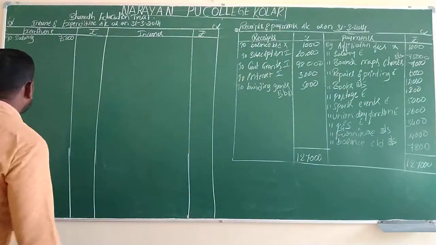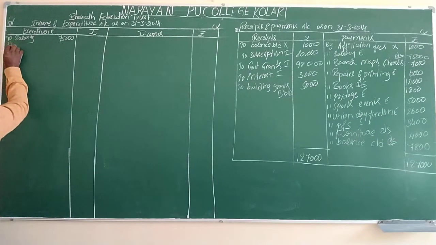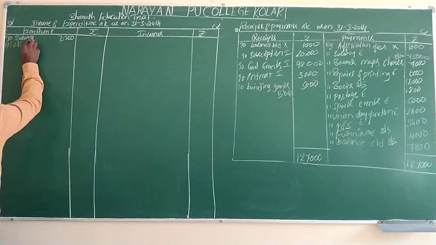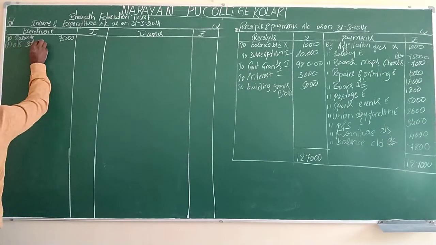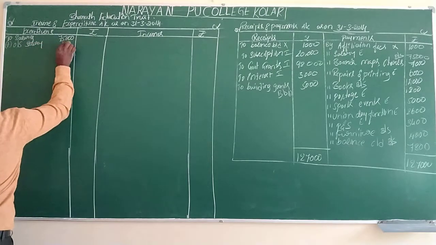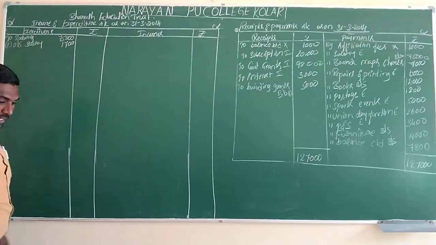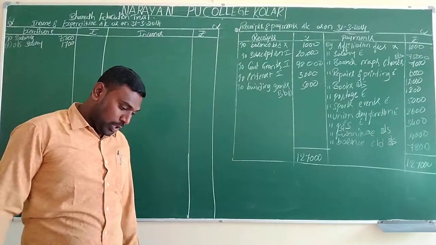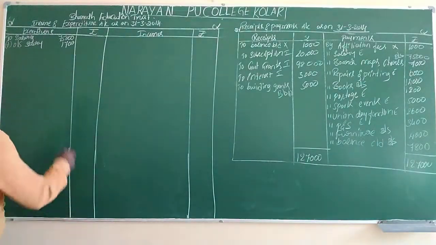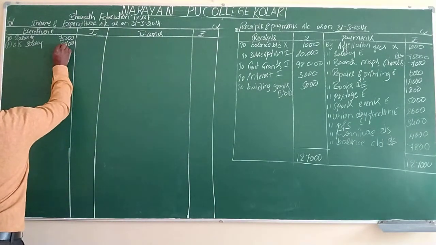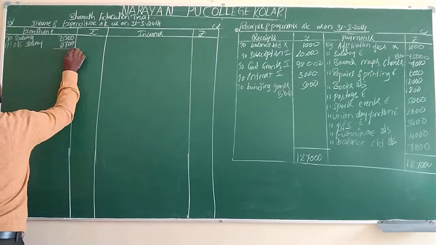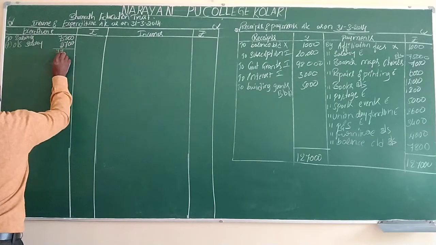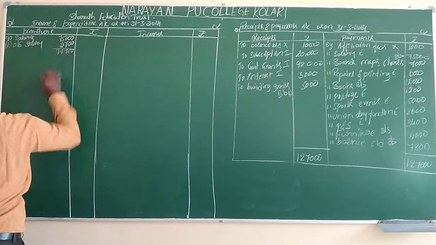So first salary plus outstanding salary, that is 2700 they have given. Therefore, 77,700 is the salary.